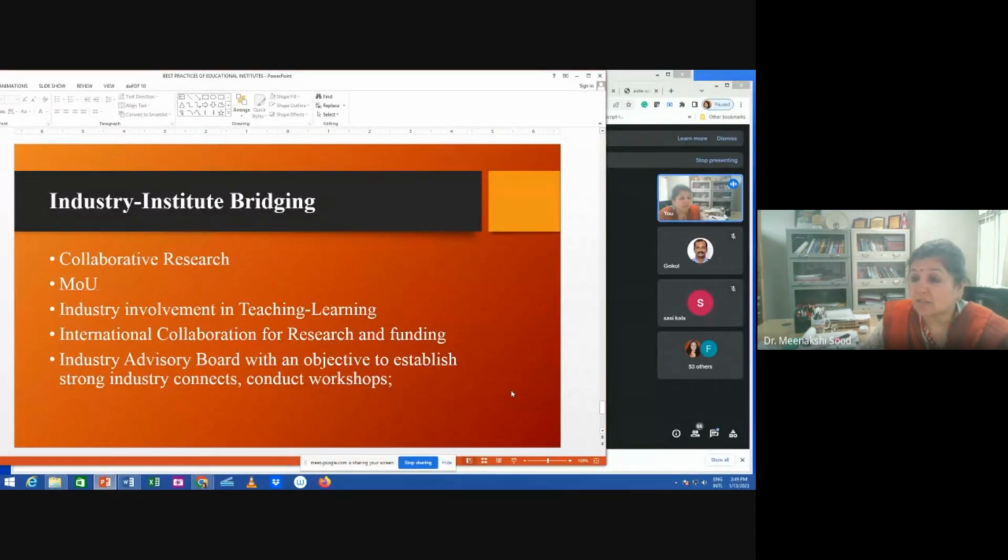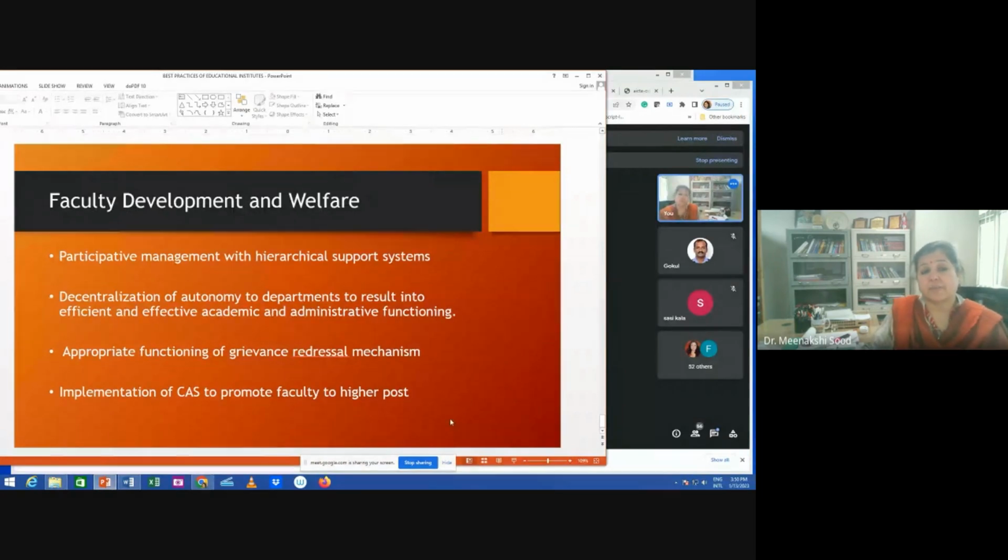Then we have some international collaborations also, not only for research but also for sensitization of the students, so that they can visit and come to know what good practices they are following, how the students are moving in different directions, and how they are enriching their knowledge with different techniques. All these steps are best practices which every institute or every department should work upon, to cover this industry-institute gap, right?